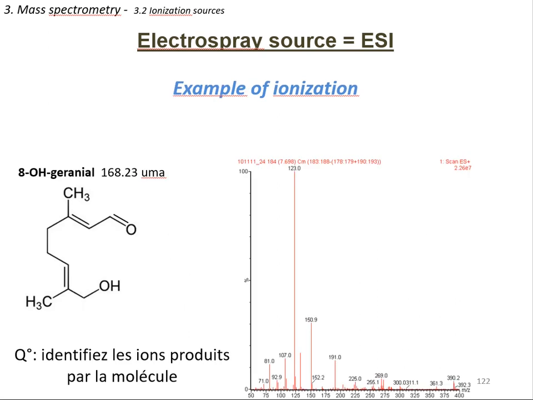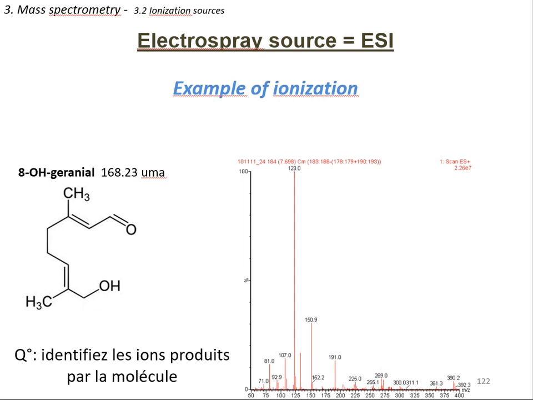Here is an example with the 8-hydroxygeranial. This is a very common compound you find in many fragrances, and it's made by many flowers. It is also a basic compound, or it is close to very basic compounds that are participating in the terpene metabolism.